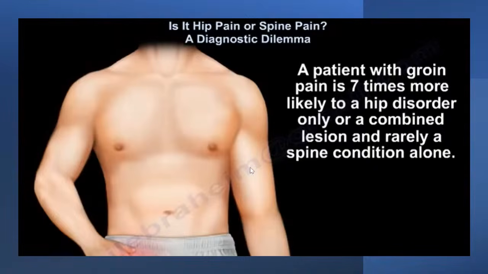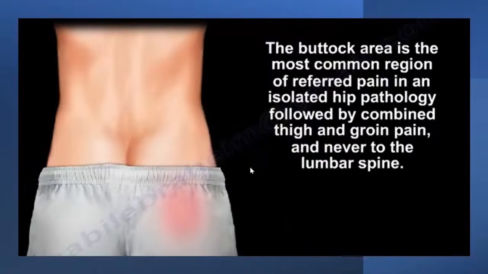It is very rare to have a spine condition that refers to the hip joint. But the buttock is the most common region of referred pain in an isolated hip condition like arthritis, followed by combined thigh and groin pain, and never to the lumbar spine.